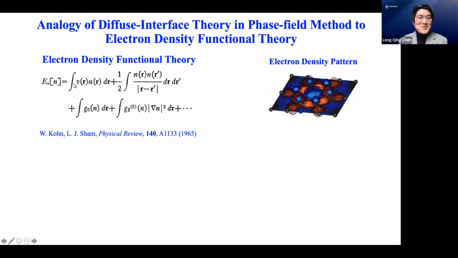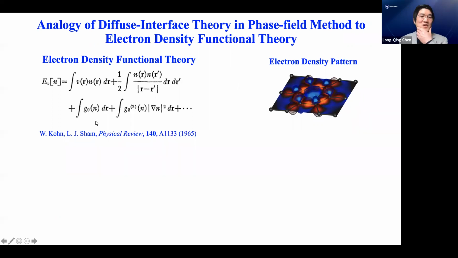So you have terms of the electrons in the presence of an electrical potential field. So you have this electrical energy, but there's also the Coulombic interactions in the second term, the long range interaction. That's why it involves a double integral.